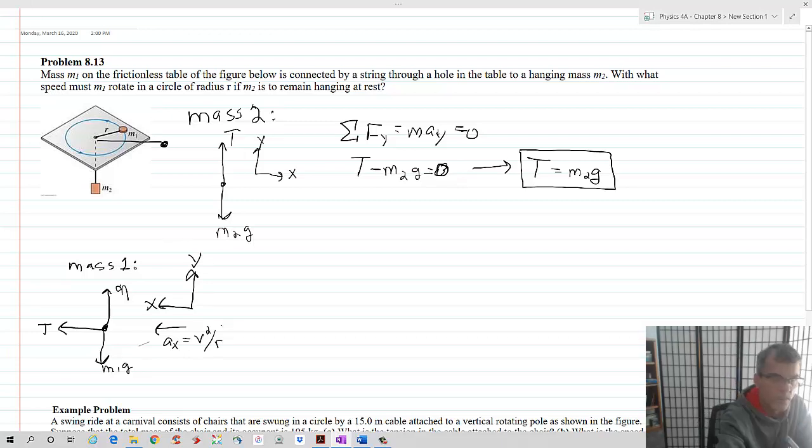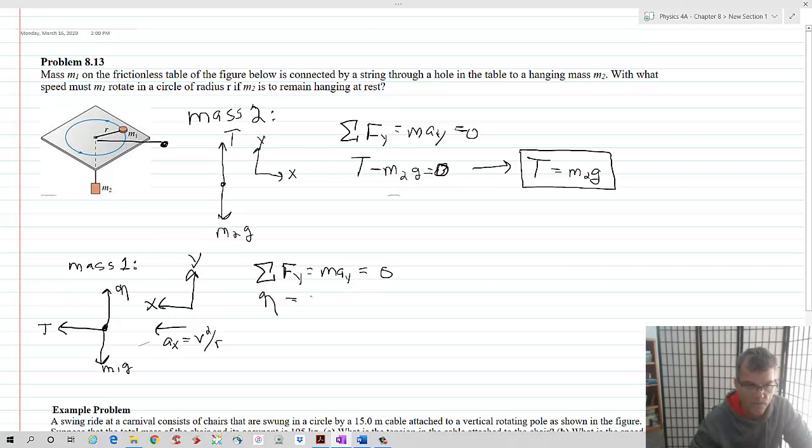Again, I'm assuming the mass is sort of right here, at a 90-degree angle in the figure. So I could look at the sum of the forces in the y direction equals MAY, which in this case is 0 because there is no motion in the y direction. If I wanted to, I could get that the normal force equals M1g. Don't really need that in this case.